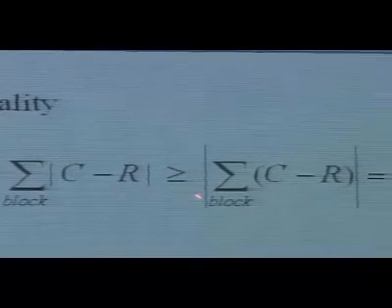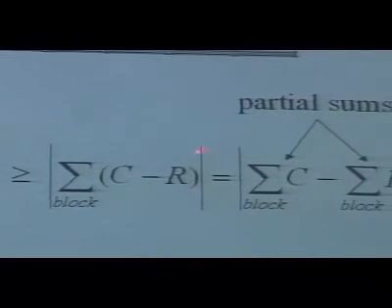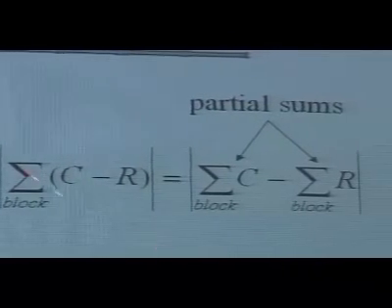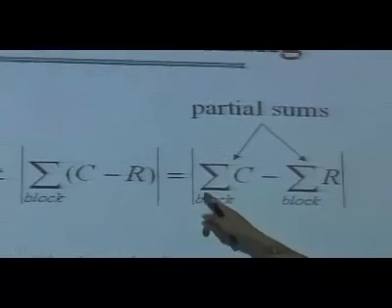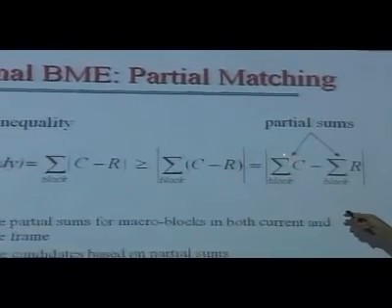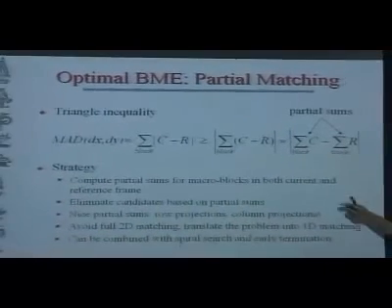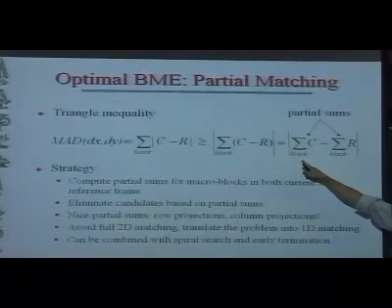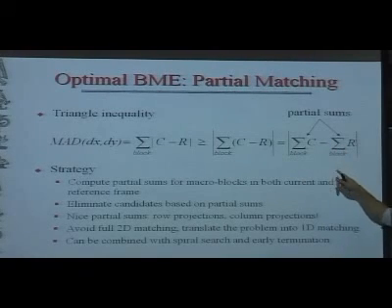And this is larger than or equal to, if I put the absolute value outside, right? Okay? So that is equal to this thing. What is this? Double summation of C, double summation of R. So that's like the average of the block. Average of the current block, and this is the average of the reference block, right?